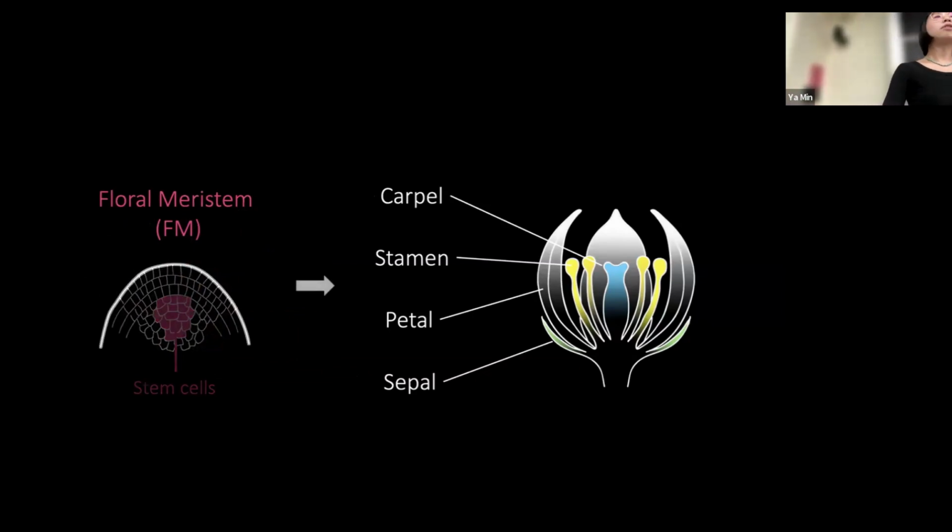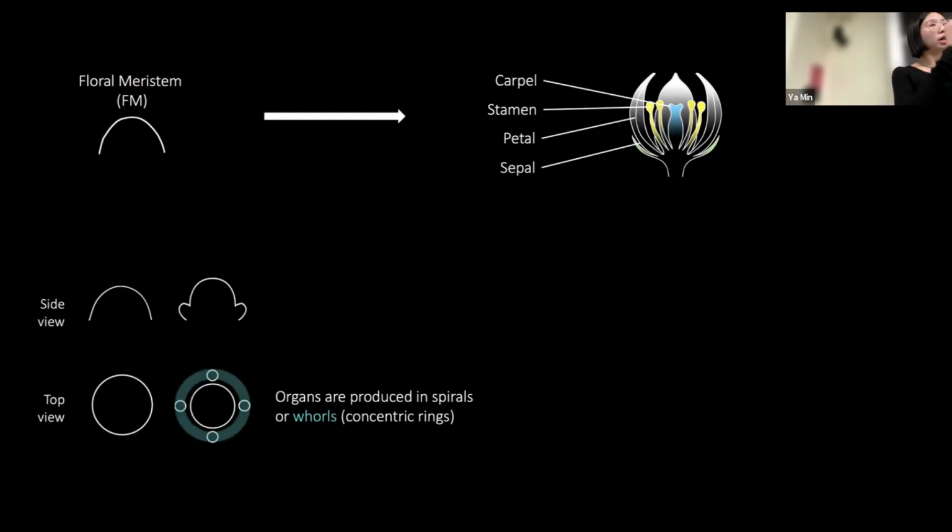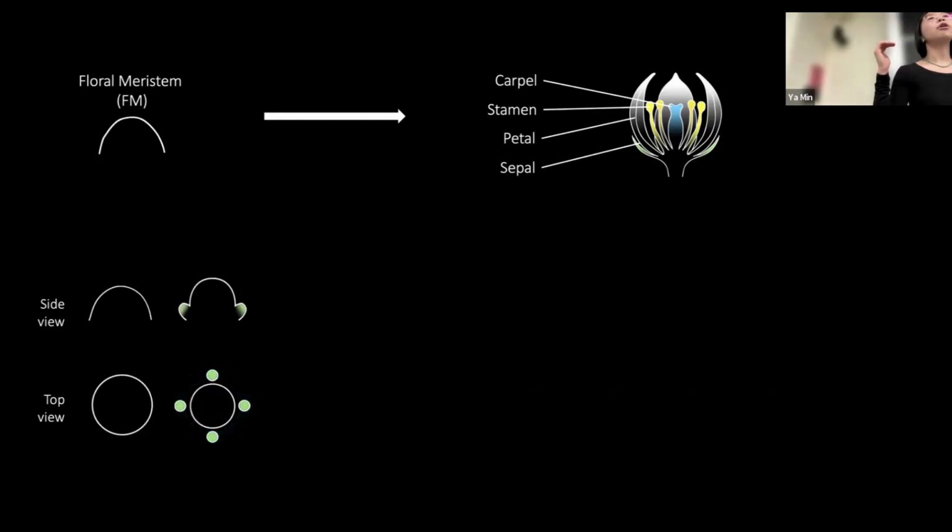So from a simple dome of cells like this to a flower like that, the very first step is to have the floral meristem produce all the organs in the flower. Organs are made in spirals or whorls, which are concentric rings at the flank of the floral meristem. Once they physically emerge as those tiny bumps, they acquire their respective identity as well.